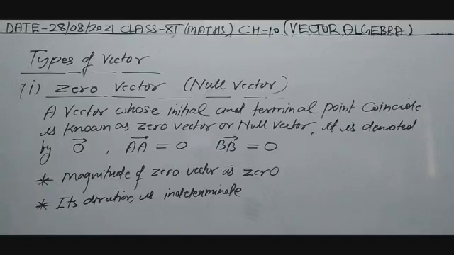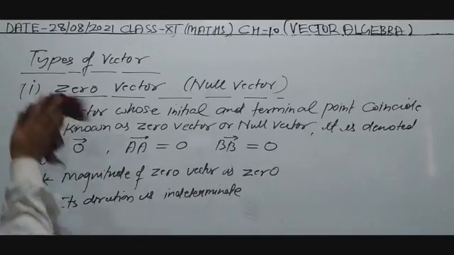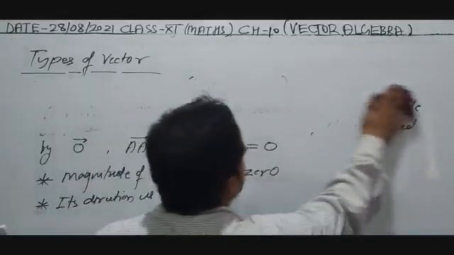Now this type is completed. Now come to the next type. The next type is unit vector.